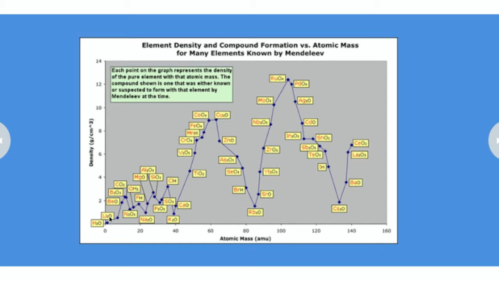So what's going on is there's more and more oxygens per element as we go up this table. And then it turns around. After carbon, there's nitrogen and oxygen, and then finally fluorine. So the chemical combining power also followed this pattern.